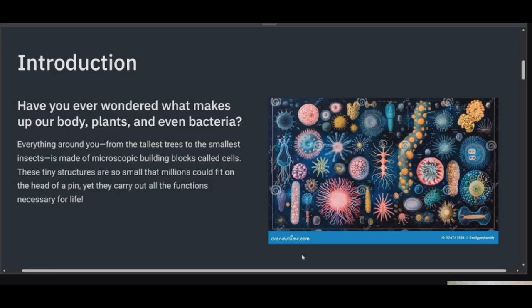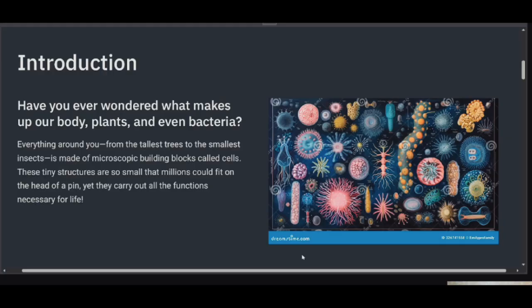So, what do you mean by cell? Every living organism around you, from the tallest tree to the smallest insect, is made up of microscopic building blocks. And what are these building blocks called? Cell. These teeny structures are so small that millions could fit on the head of a pin. Yet they carry out all the functions necessary for life.